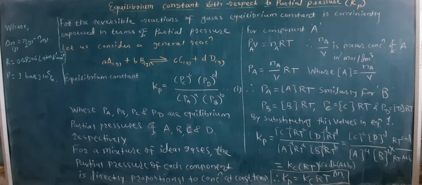दोन्हीतला फरक आहे तो प्रोडक्ट्स आणि रिएक्टंट्स पण कुठले, गॅसियस, आणि म्हणून डेल्टा एन गॅसियस is equal to N2 gaseous minus N1 gaseous, and then R, we know what is R, that is 0.08206 liter atmosphere per Kelvin per mole. ही R ची व्हॅल्यू आहे आपल्याला माहित आहे, and pressure is in bar, 1 bar is equal to 10 raised to power 5 Pascal.